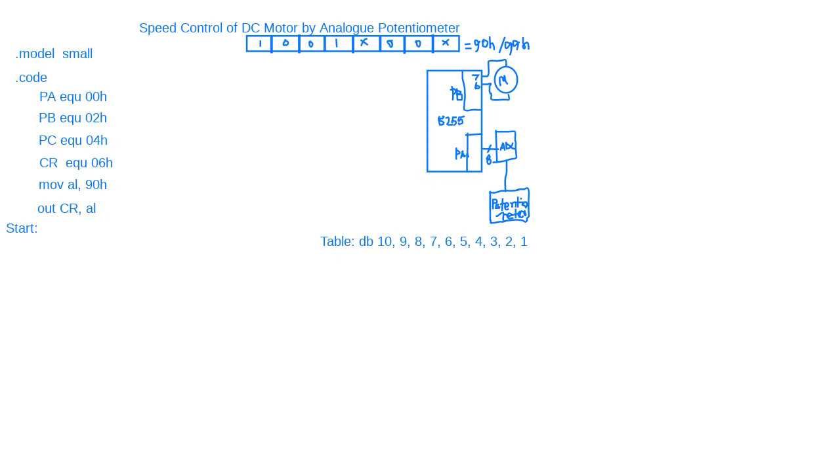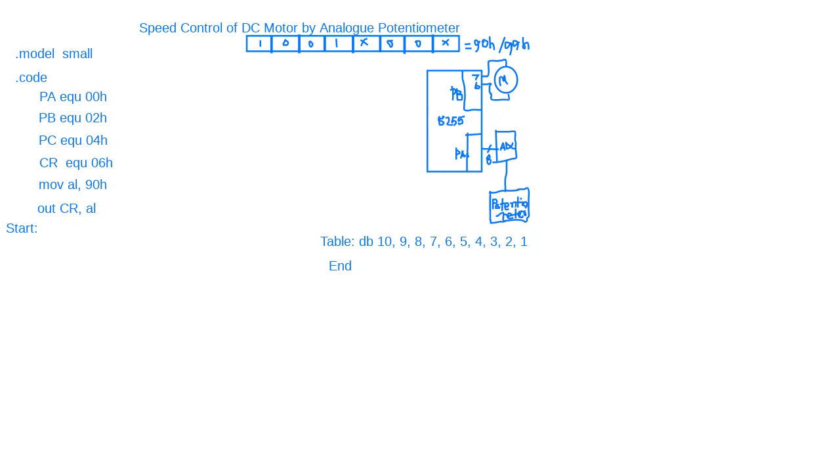Last line is end. Okay, end. And before that, we have to use a delay subprogram for 1 millisecond delay. So delay subprogram: move CX, comma, you can remember for 1 millisecond 273, and for 100 millisecond 27,300.